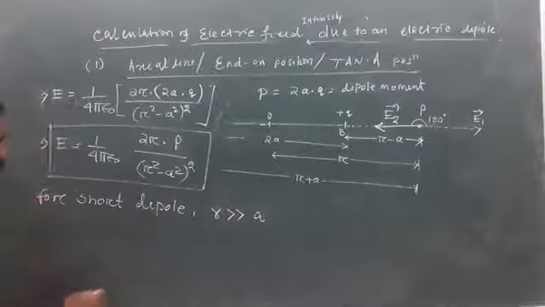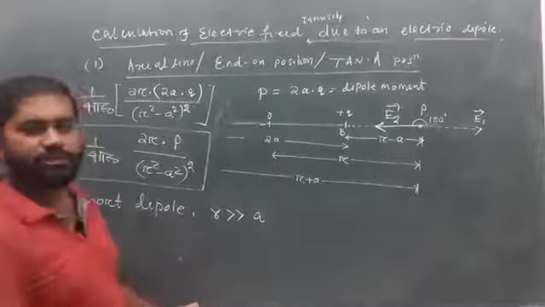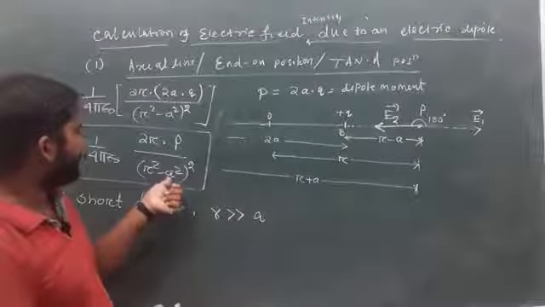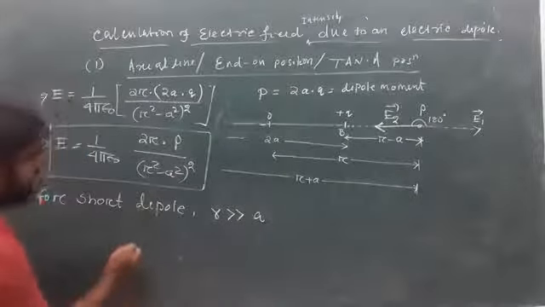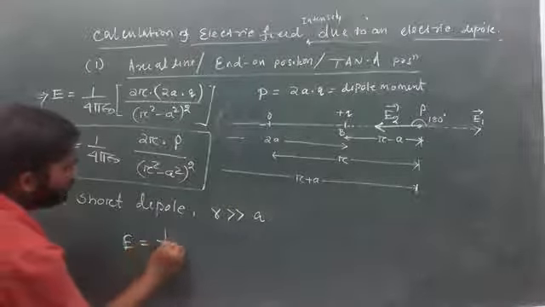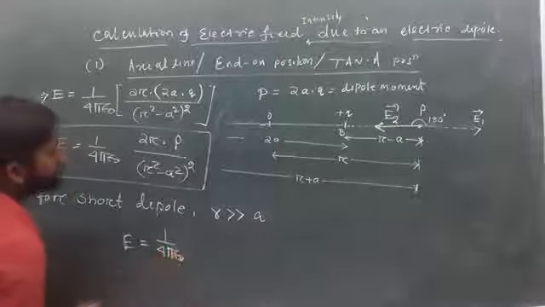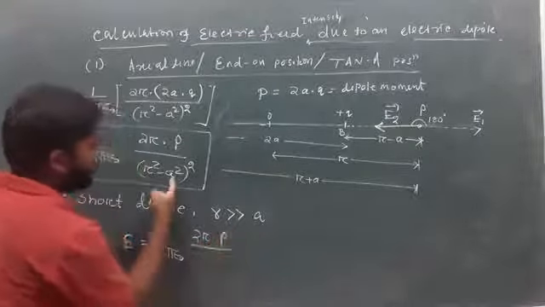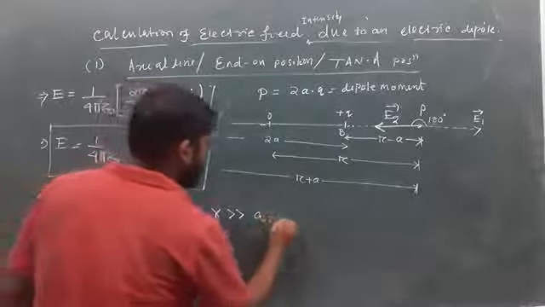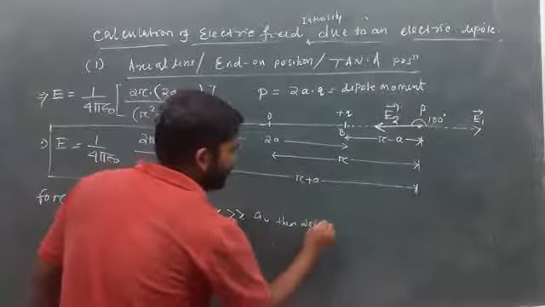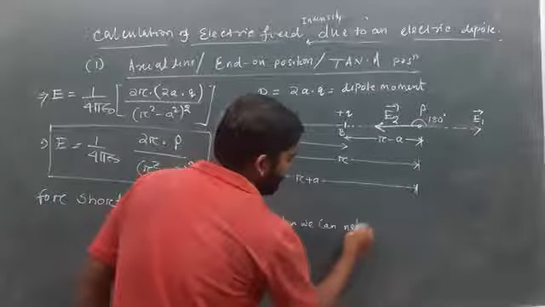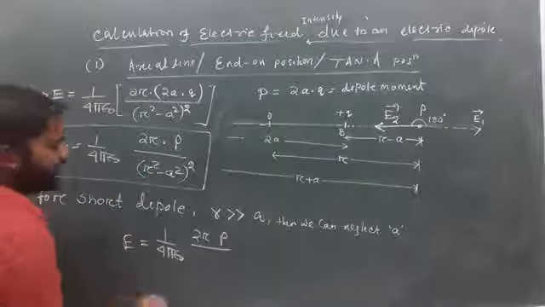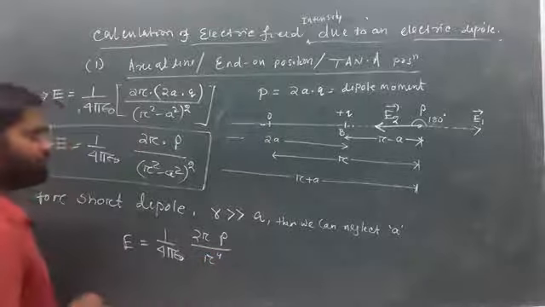Okay. So r is very much greater than a, and when r is very much greater than a, we can neglect the a part in the denominator. So what will be the value? E equals 1 by 4 pi epsilon 0, 2rp divided by, if we neglect a, r power 4.